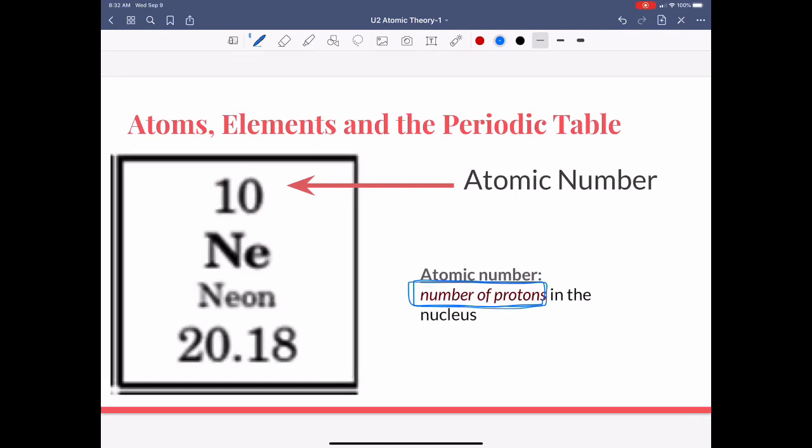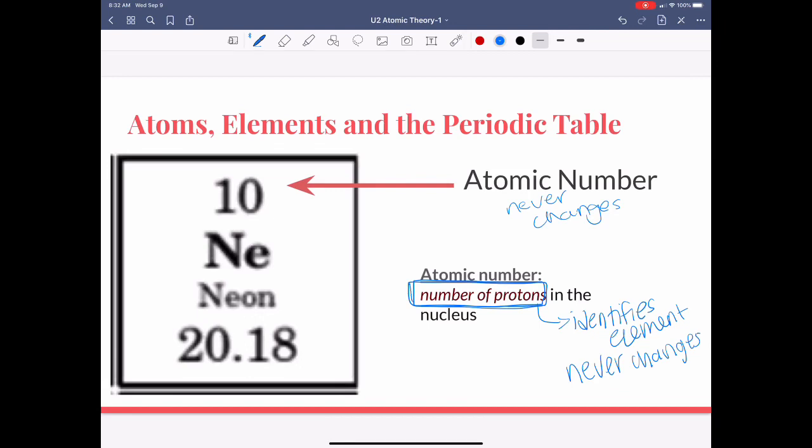So if my atom number never changes, then what does that tell me about the number of protons? That is what identifies my element. It identifies the element, and it never changes. If I change it, what does that mean? I've changed my element. I now have a new element that I'm talking about.